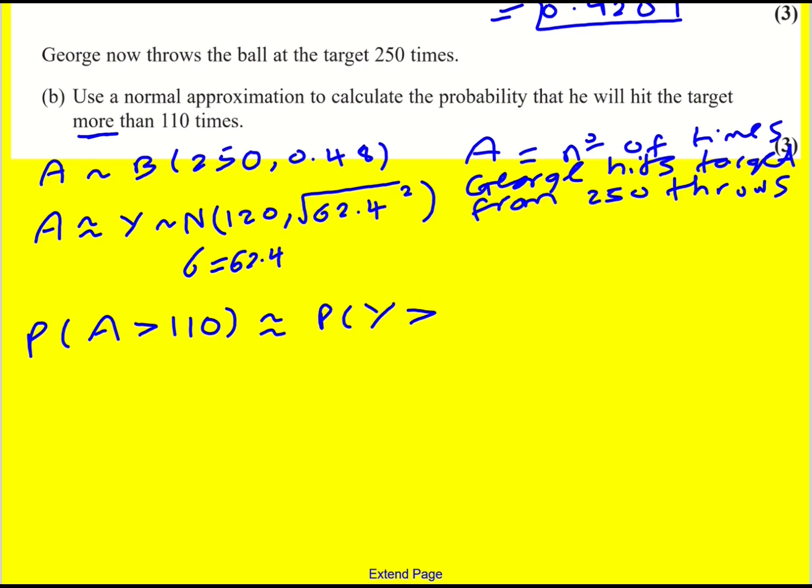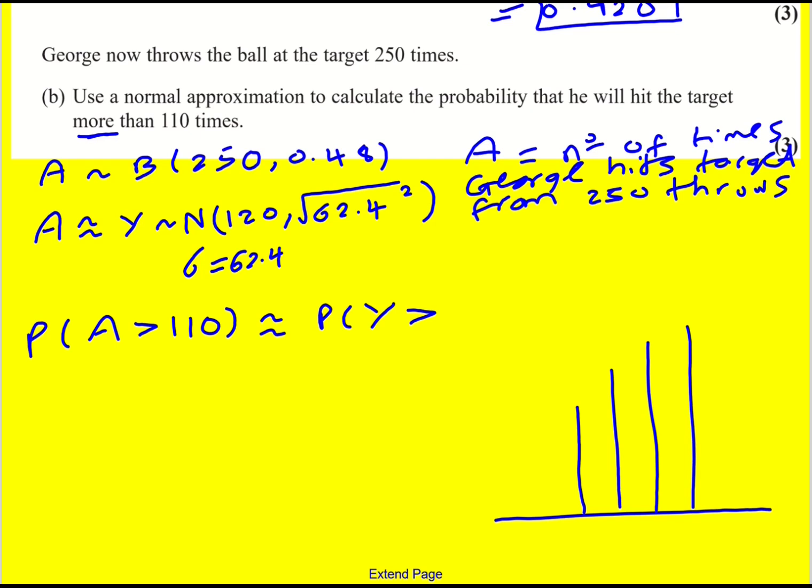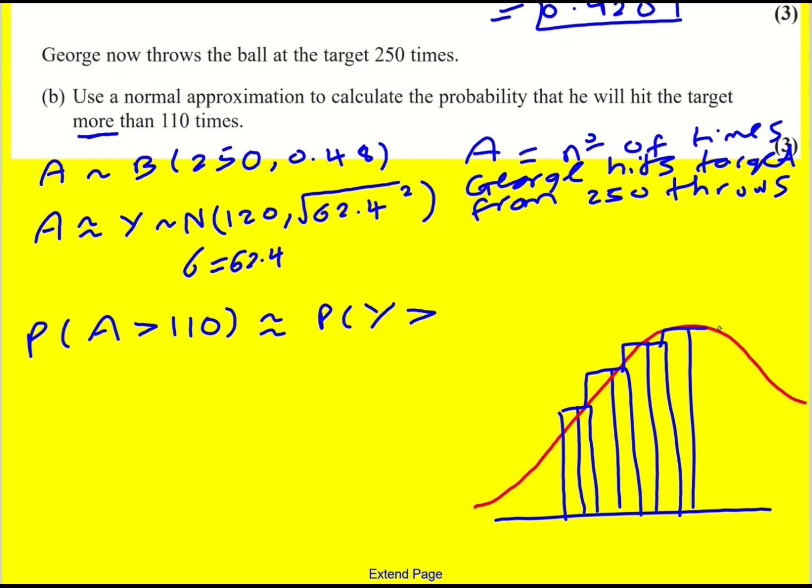Okay, it's actually not 110 because what we need to do is a continuity correction. We are trying to model a discrete distribution with a normal curve. But you've got to remember that you're broadening this out and making areas, and it's not going to perfectly overlap.